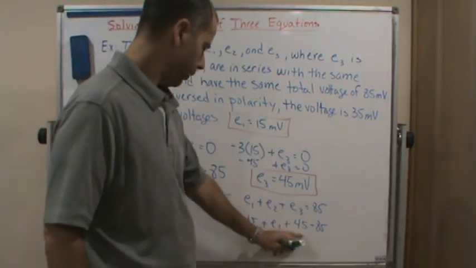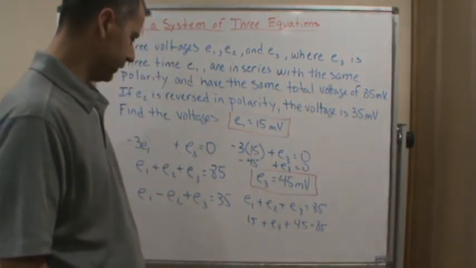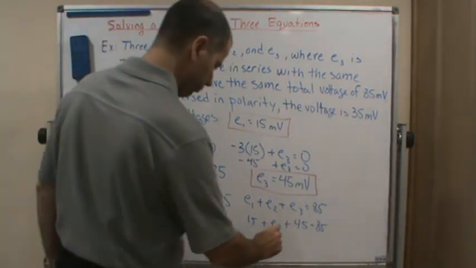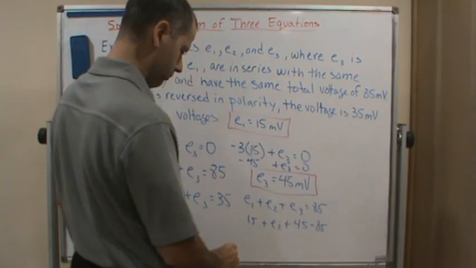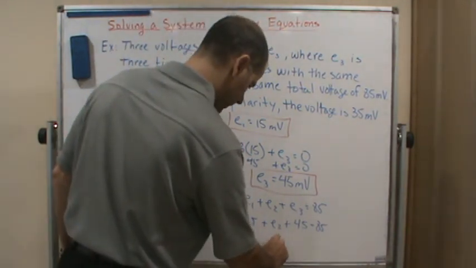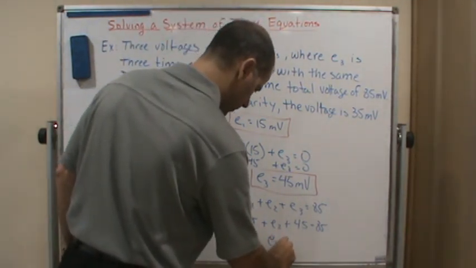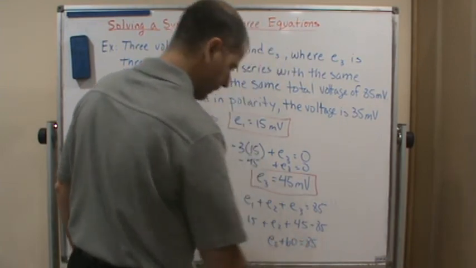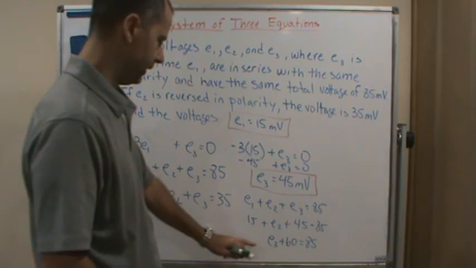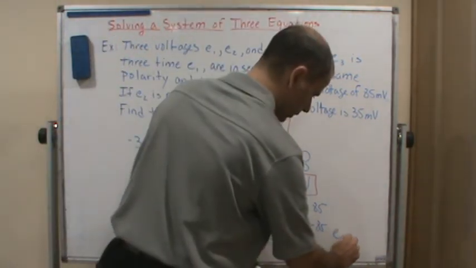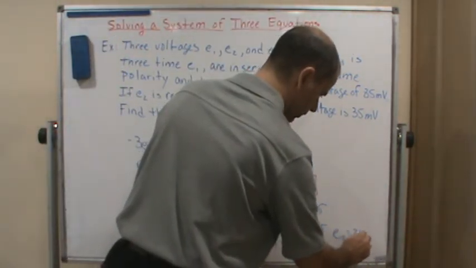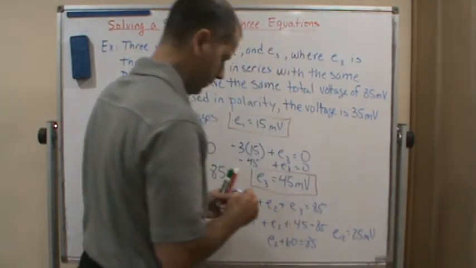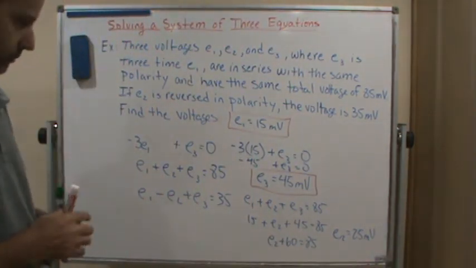Well, 45 and 15 equals 60, right? So we get E2 plus 60 equals 85, and so then E2 equals 25 millivolts.